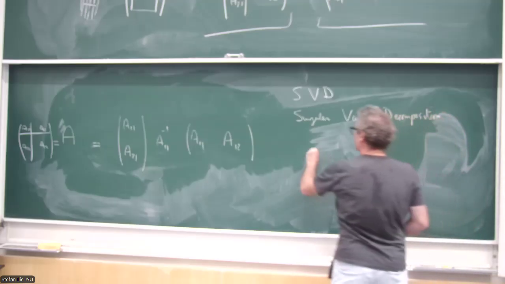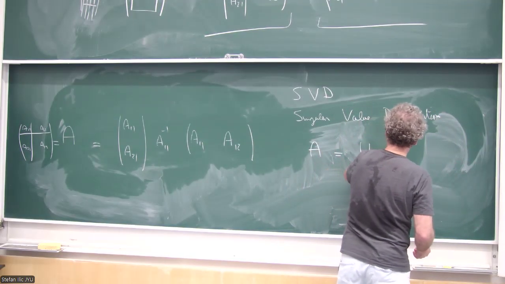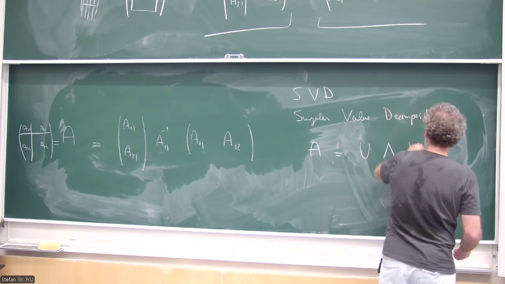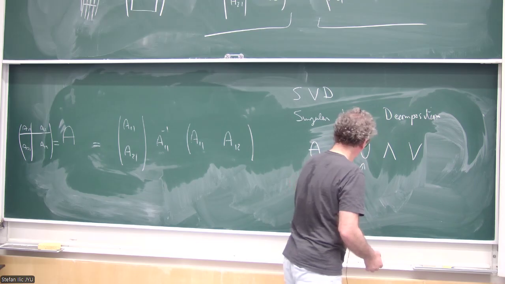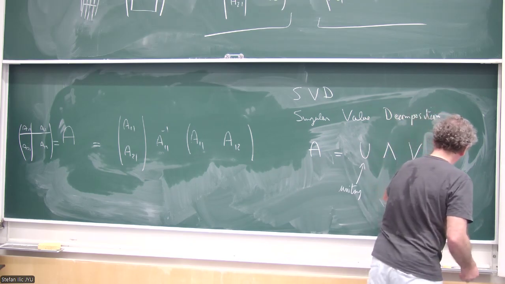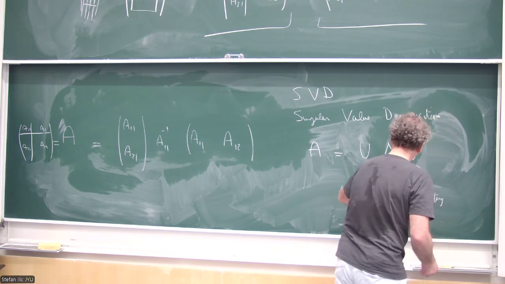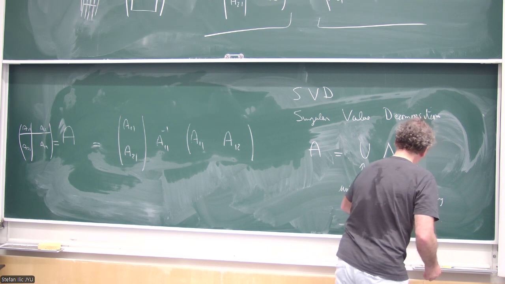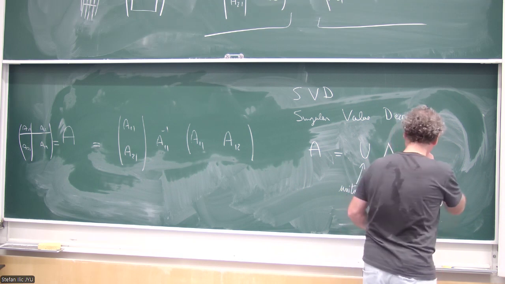It states that any matrix can be written as a product of a unitary matrix, another unitary matrix, and a diagonal positive matrix, lambda.